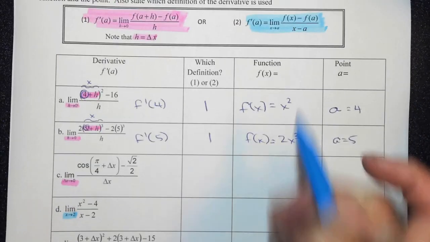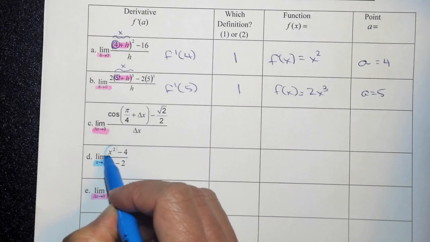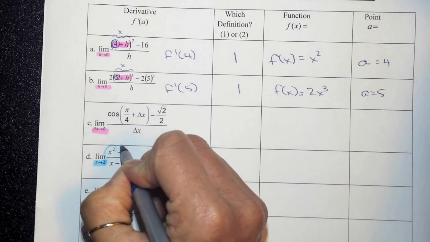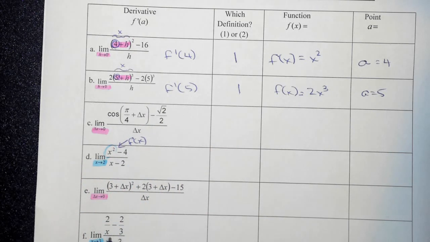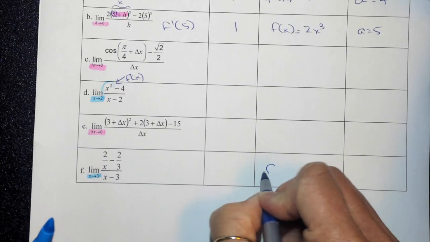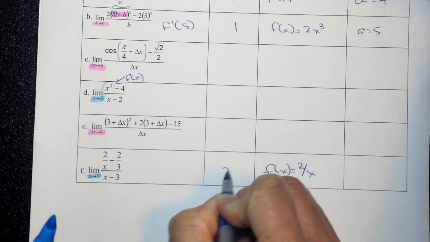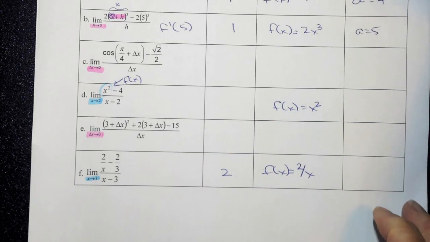So when I take a look, f of x, this is my actual function. This is f of x right here. So it's given to you. So in this case, f of x down here is 2 over x. This is definition 2. Here f of x is equal to x squared.